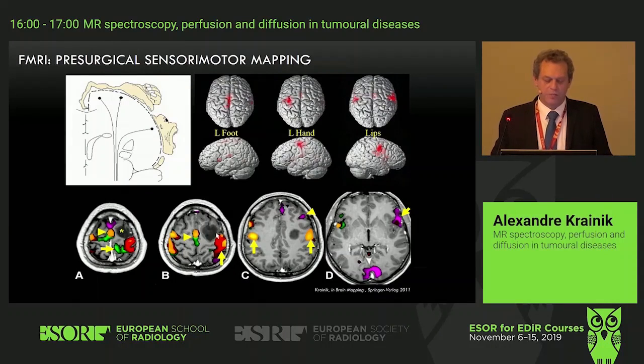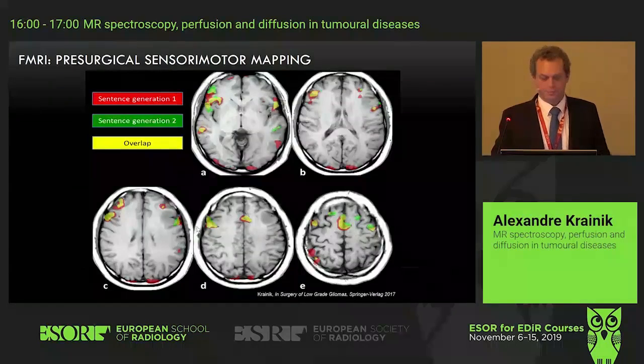But when you're talking about surgery, you can map very easily the primary sensory motor activity. Here you have the lips. Here in green you have the foot, and you also have the supplementary motor area in the middle.